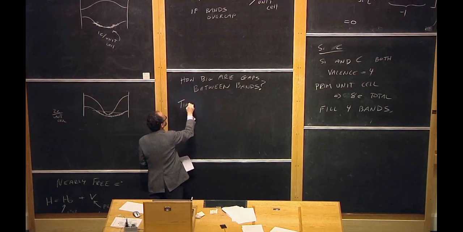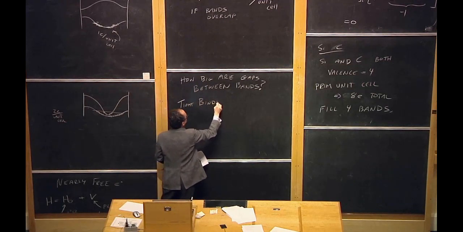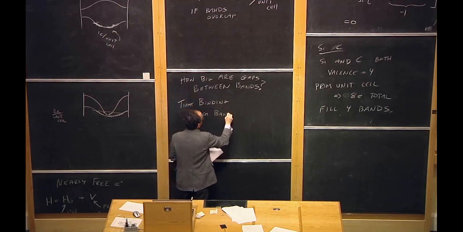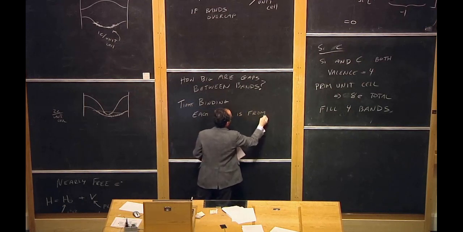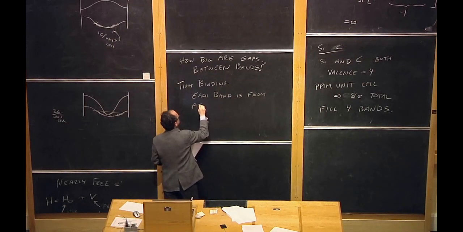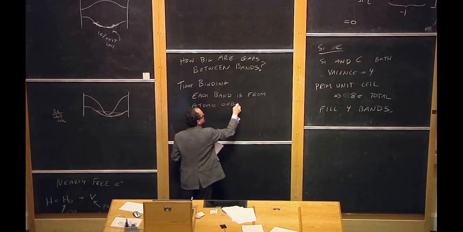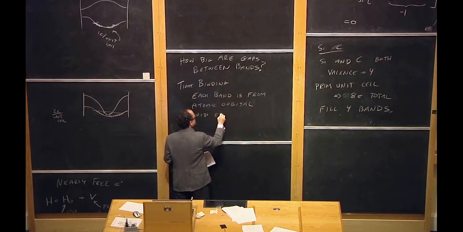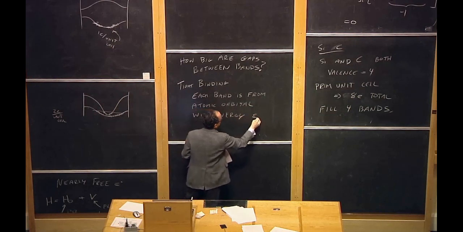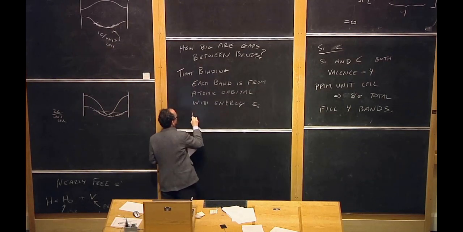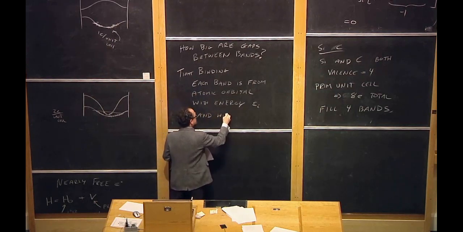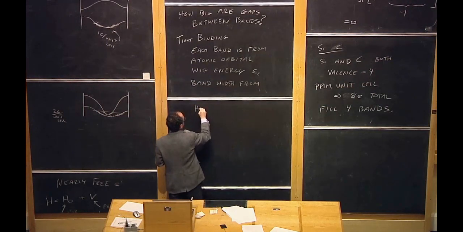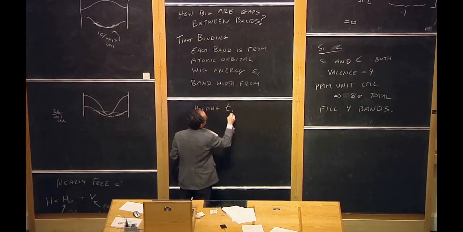One way of describing it was from tight binding. In the tight binding picture, recall that each band comes from an atomic orbital with energy E sub i, and the bandwidth is from hopping t.